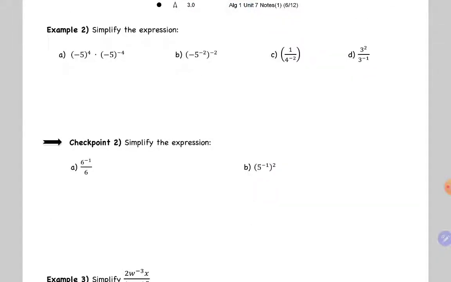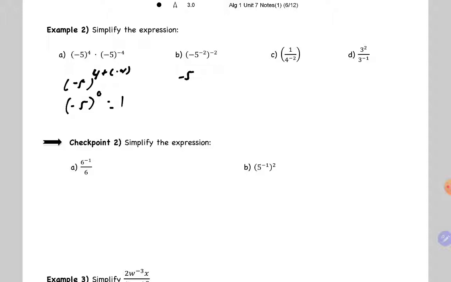Okay, let's do some more. This is negative 5 to the 4th times negative 5 to the negative 4th. So this is 4 plus a negative 4, so this is negative 5 to the 0, which is 1.